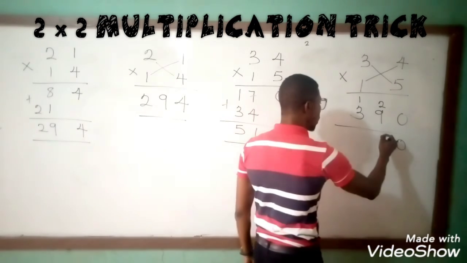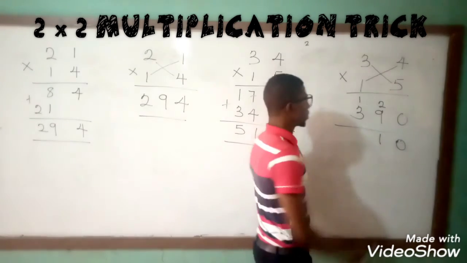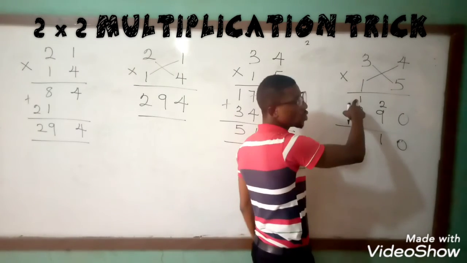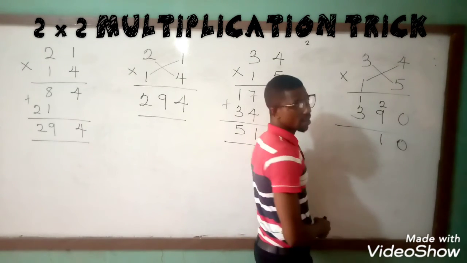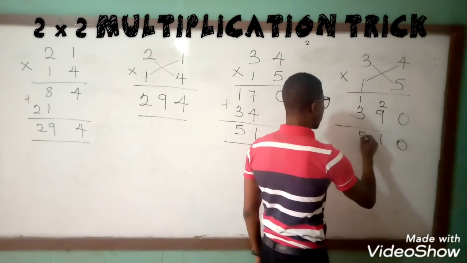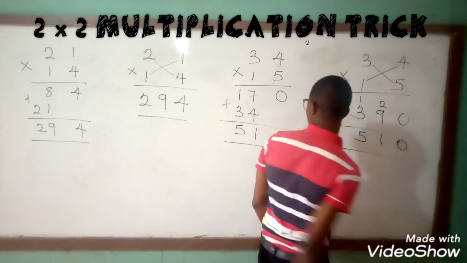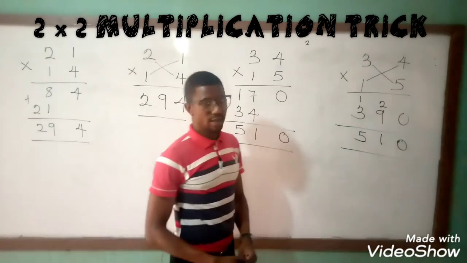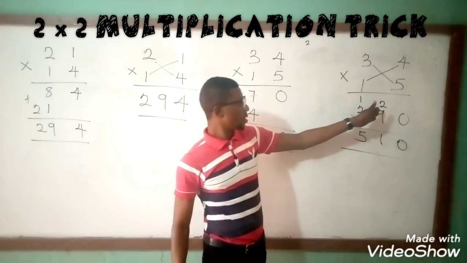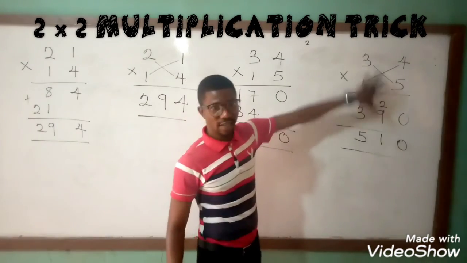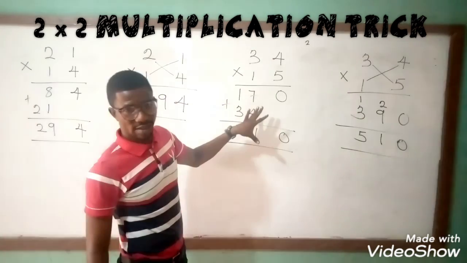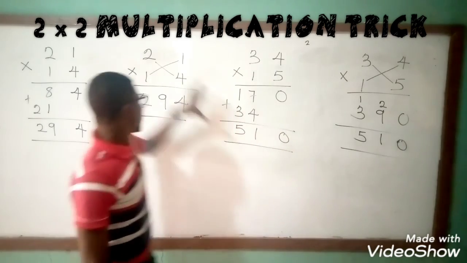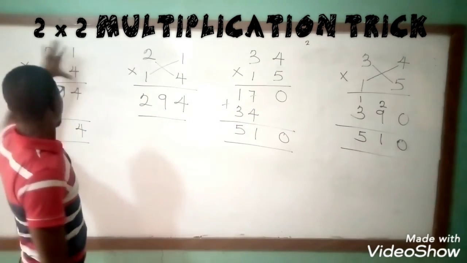So 1 remainder 1. That one will be added to this, becoming 2, plus this is 5. So 510. This is very easy in solving multiplication compared to this.